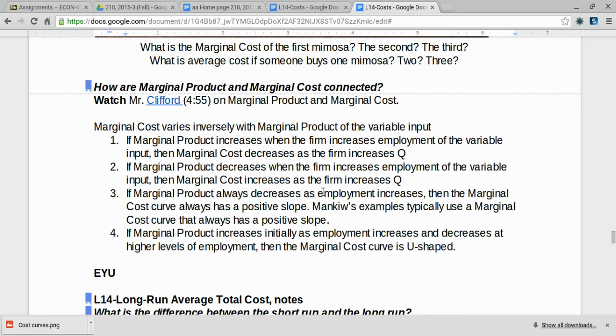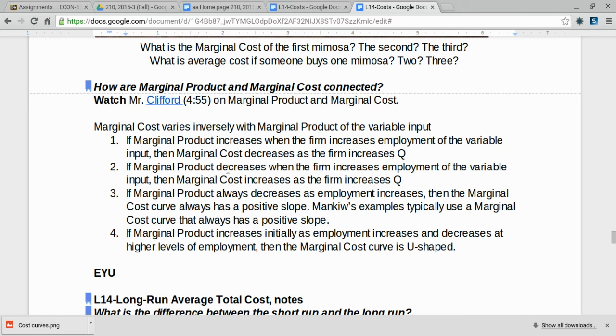Marginal cost and marginal product are connected. Marginal cost varies inversely with the marginal product of the variable input. If marginal product increases when the firm increases employment, then marginal cost decreases as the firm increases output. When one goes up, the other goes down.